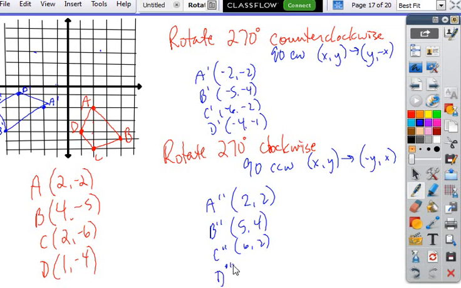Where should this one wind up? First quadrant, because 270 clockwise, I'm going to go 3 spaces to the right. Well, 1, 2, 3 should wind up there. 2, 2, 5, 4, 6, 2, and then 4, 1.